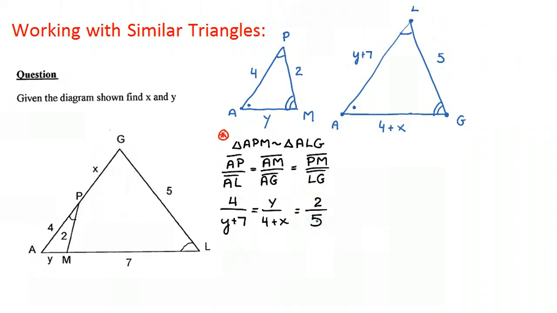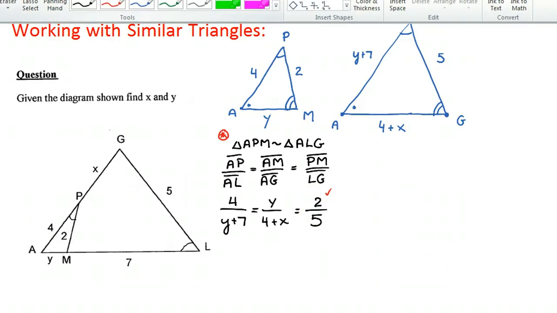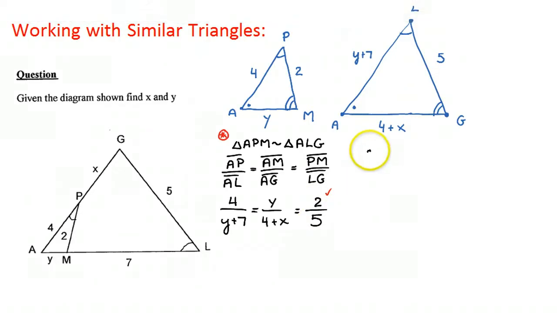So now the question is, well, I have to pick two of these and set up an equation to solve. So now how do I do that? Well, one ratio I really like is this one because there's no unknowns here, which is kind of nice. So what I'm going to do is I'm going to start by saying 2 over 5 is equal to something.